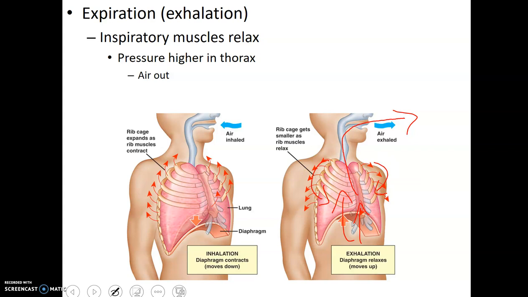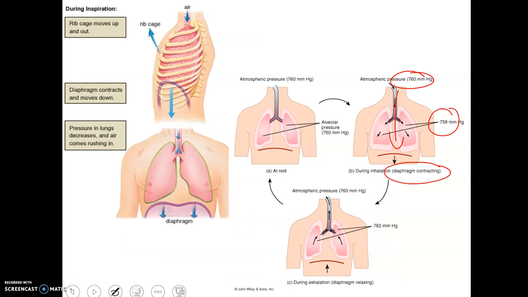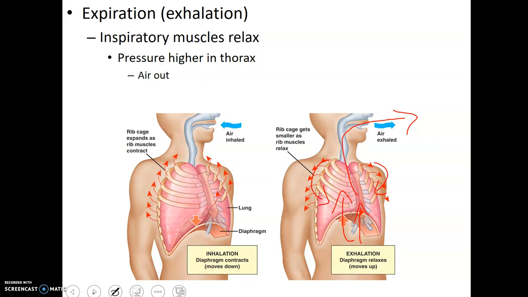So if we go back one slide, exhaling, you'll go from 762 inside, because the diaphragm is relaxing, that's going to force air outwards. Okay, so inhaling, exhaling, it's just the opposites as to where the negative or lower pressure is. That's the way that air is going to want to go.